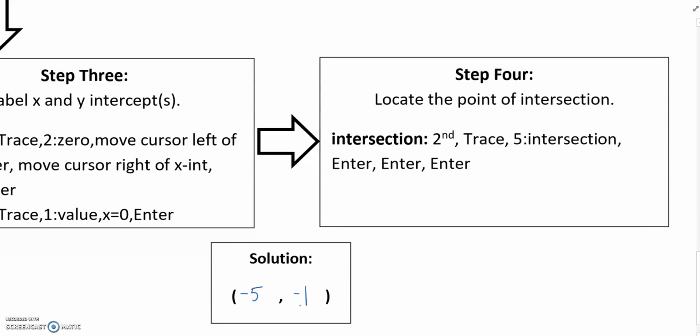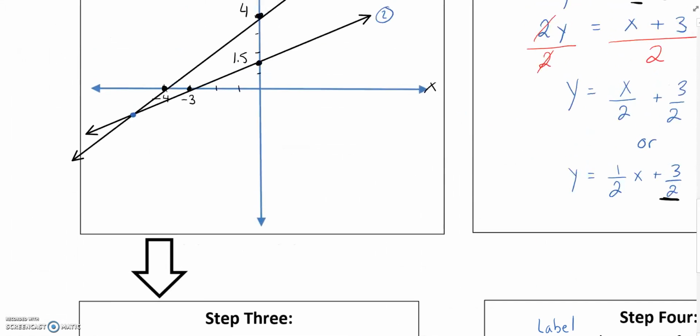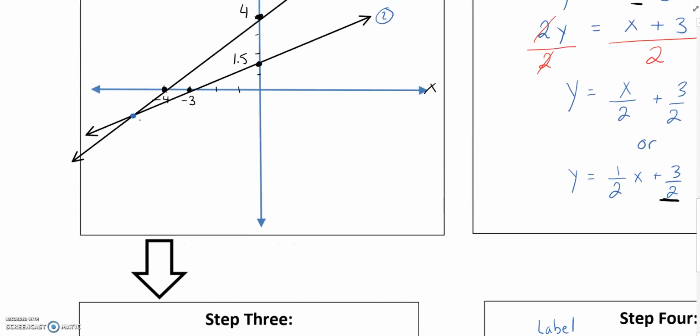That is my solution, and we'll go ahead and label that point. It says locate the point of intersection, but we want to actually label that as well. So let's say label and locate, or locate and label. So put that here. That point is at -5, -1.